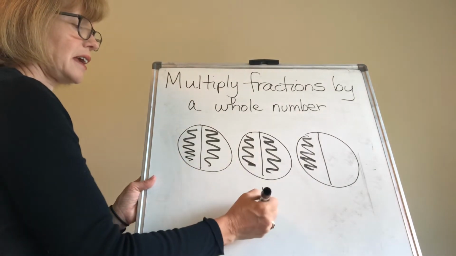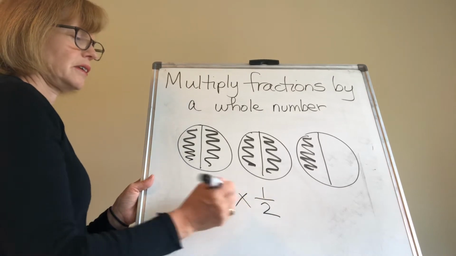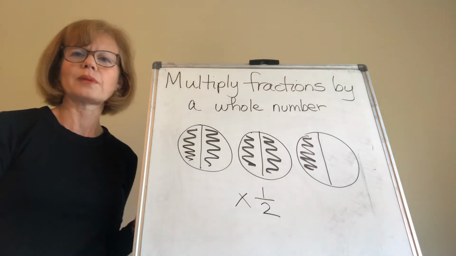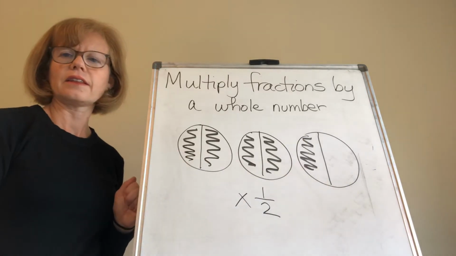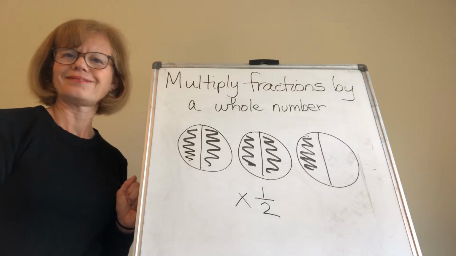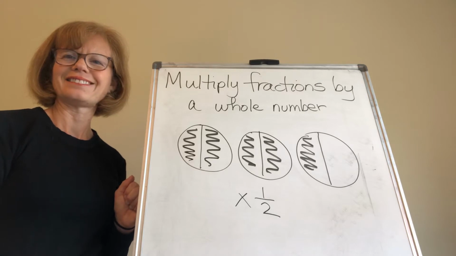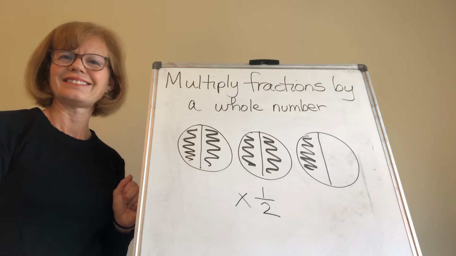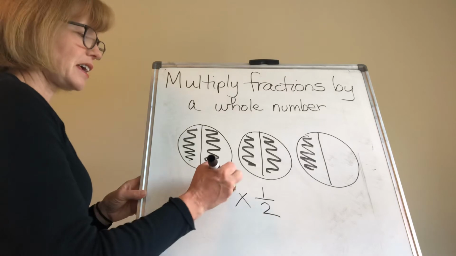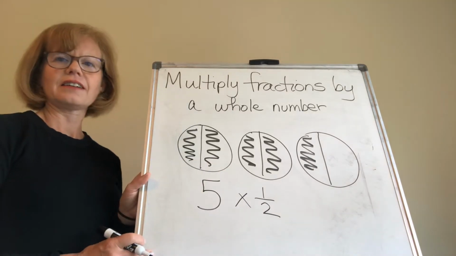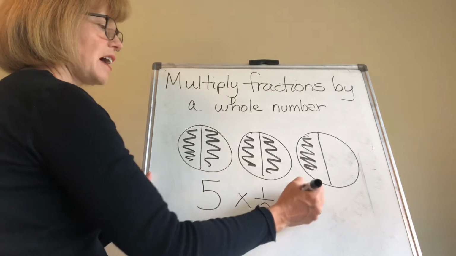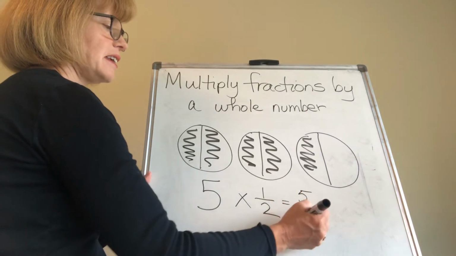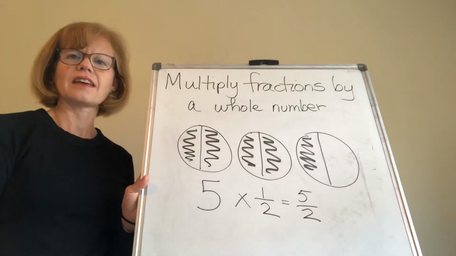So I'm asking how many 1/2s. What would you multiply by 1/2 to show this model here? Go ahead and write it down. If you said 5 times 1/2, you're right. You have got 1/2 5 times, and that equals 5/2.